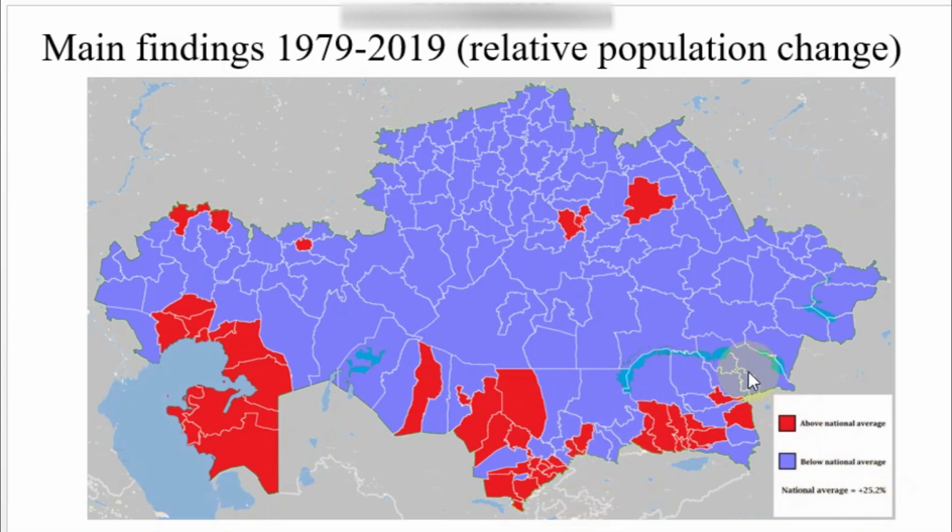And the red ones are the districts with faster than 25% population growth. So here we can clearly see the main three population growth centers, here in the southeast and south and southwest of the country.